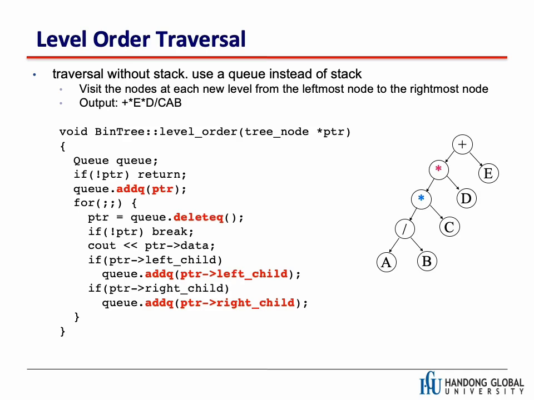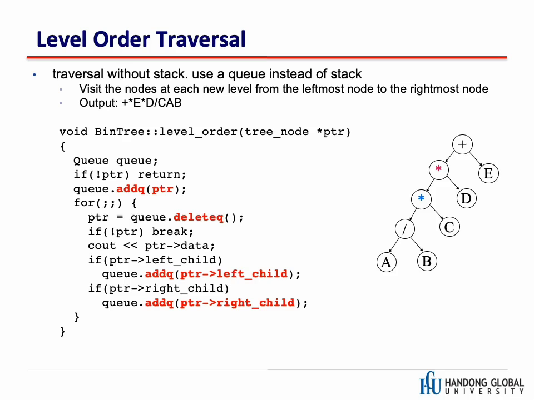Actually we are talking about the pointers, not the data. Don't get confused; in the previous slide, we used pointers too. For the first time, we add the pointer to the plus node. I will just use the data, so we add the pointer to the plus node.